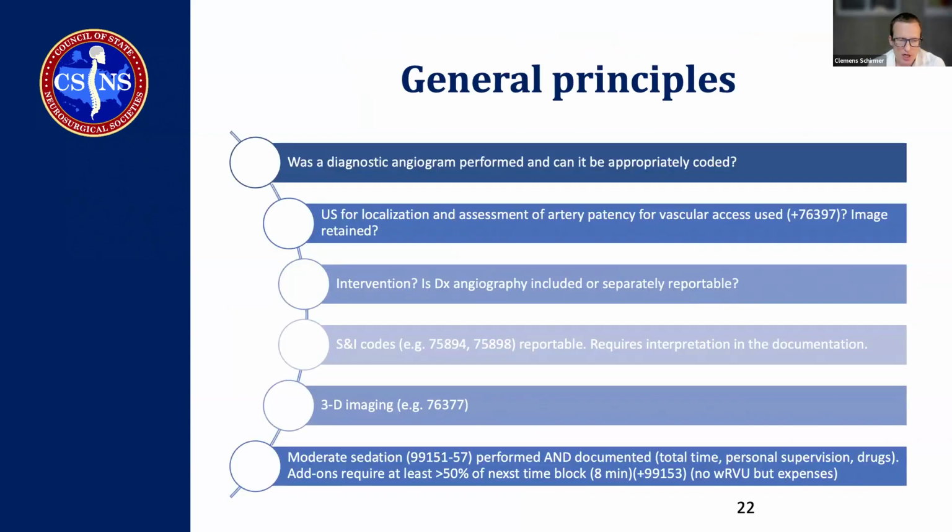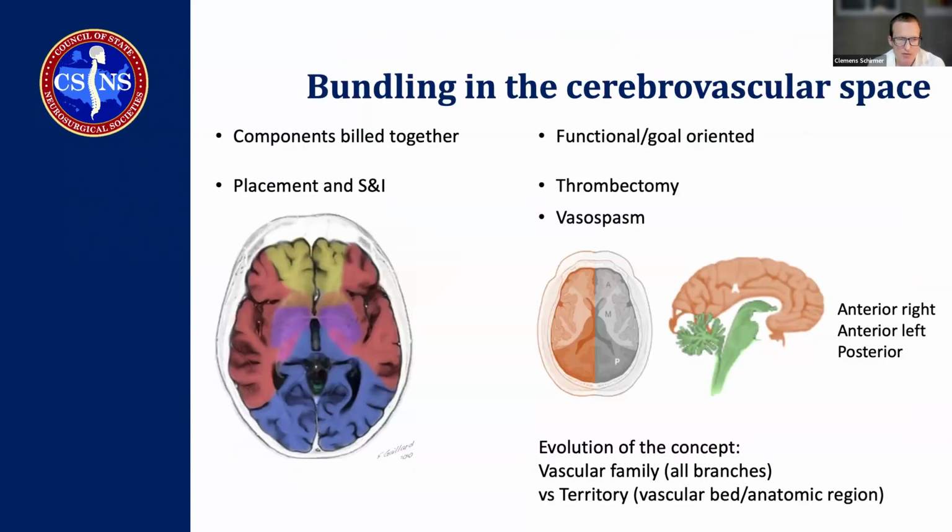And these are the general principles that I just outlined again. But the other general principle here is that we have different vascular territories to remember. This is a little bit the equivalent of supratentorial and infratentorial as a coding framework for any cranial codes that we use.